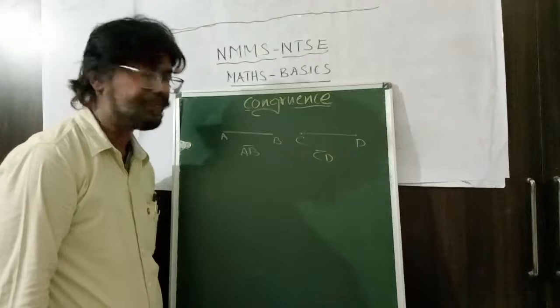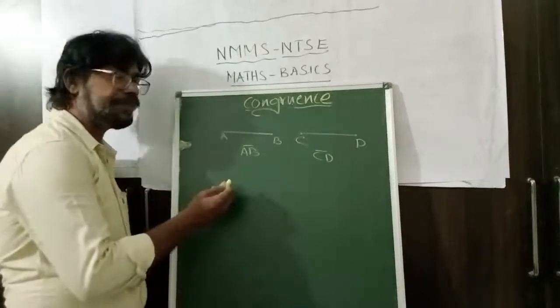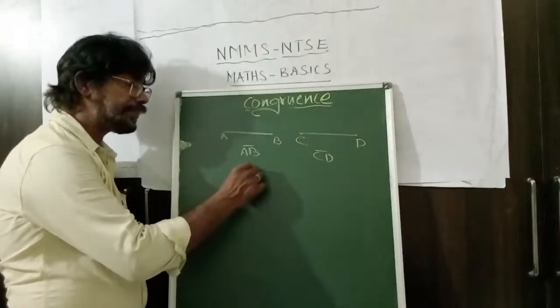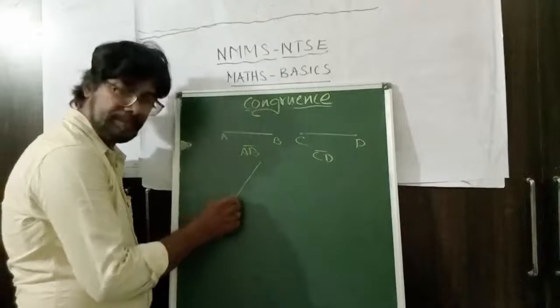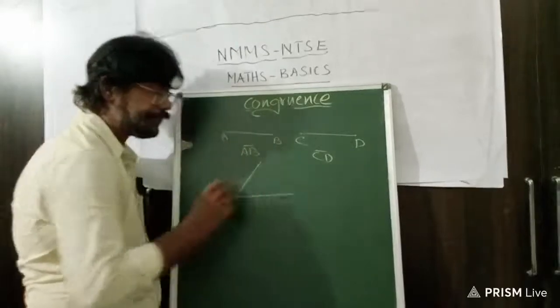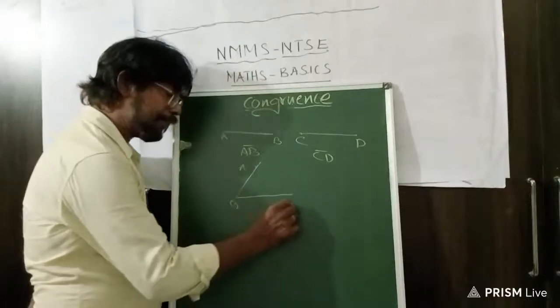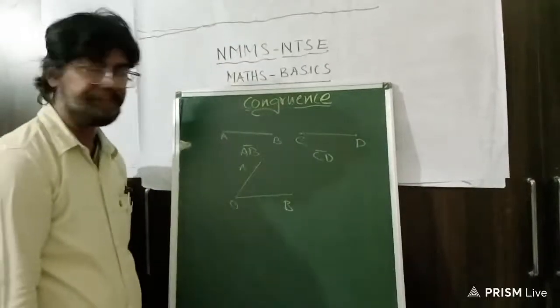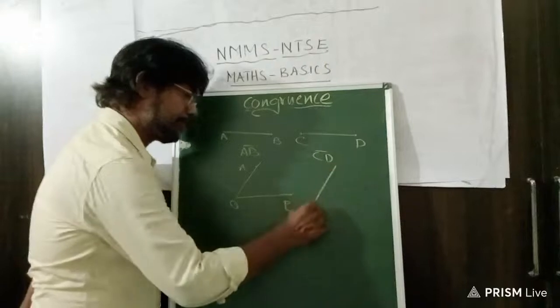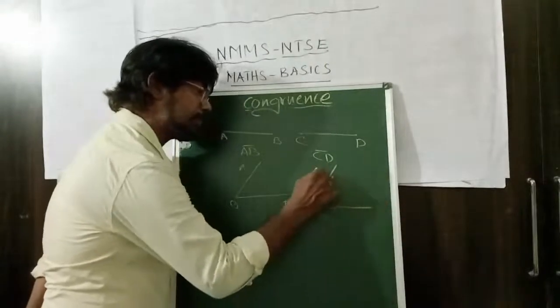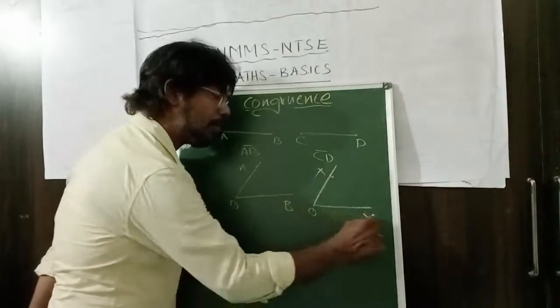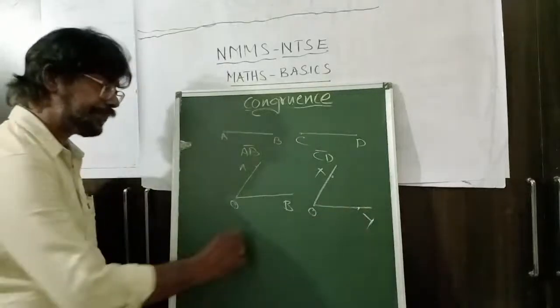Understand? So suppose AOB is one angle, XOY is another angle.